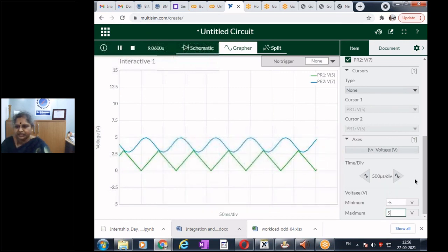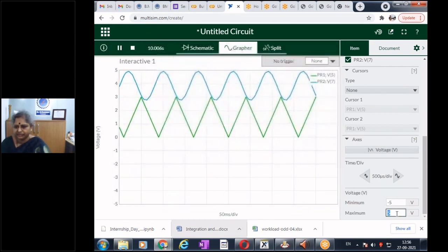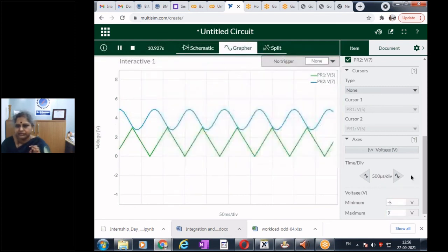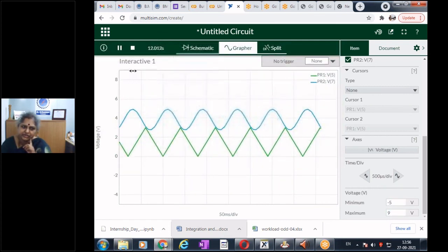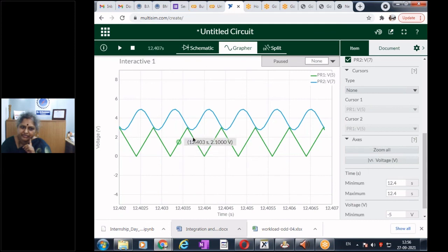I've given a triangular input of around 800 hertz. And how is the output? Is it a sine wave? So we have given a triangular input of 800 hertz, and we got a sine wave as the output.